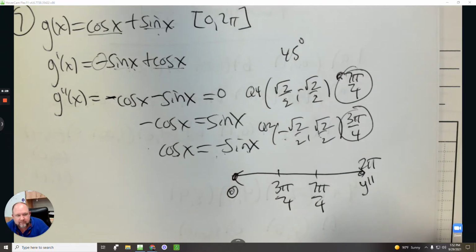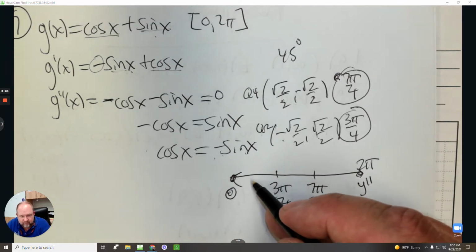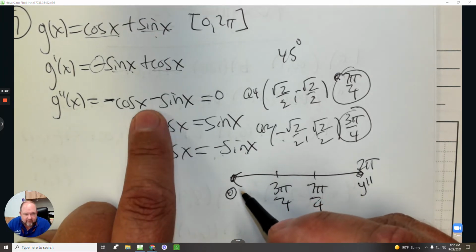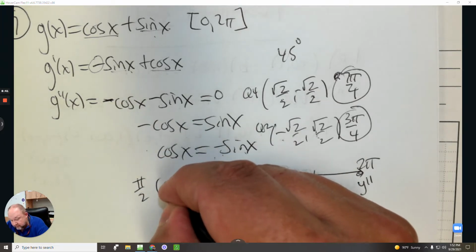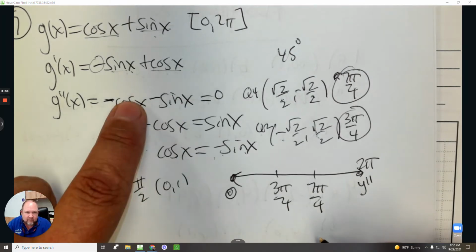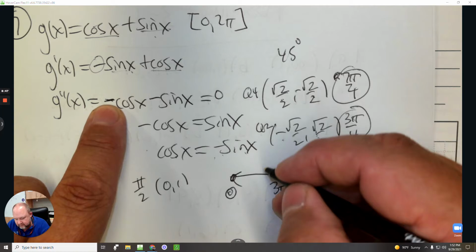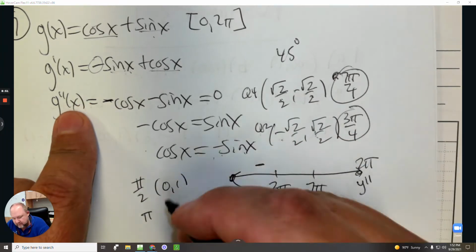I'm going to try to pick angles at an axis if I can. So for 3 pi over 4, I can pick pi over 2 into here. At pi over 2, the point on the unit circle is 0, 1. So sine is 0. This is positive 1, but it's negative in front, so this is negative. I'm going to pick pi for the next one.